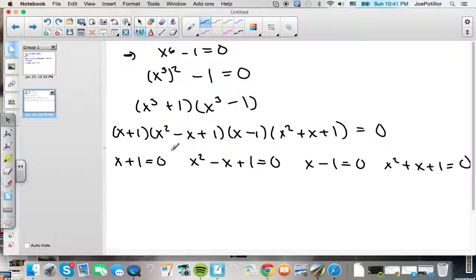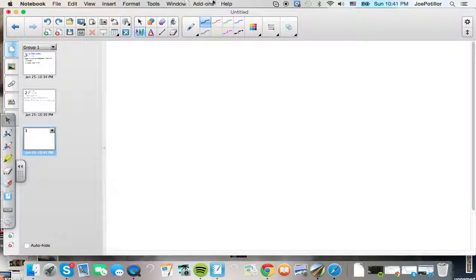The first thing I want to look at is we need to define what a root is. So let's define it. Definition: the nth root of a complex number.